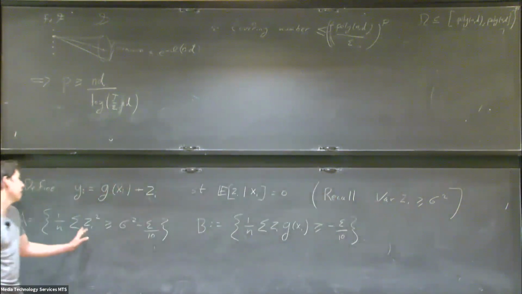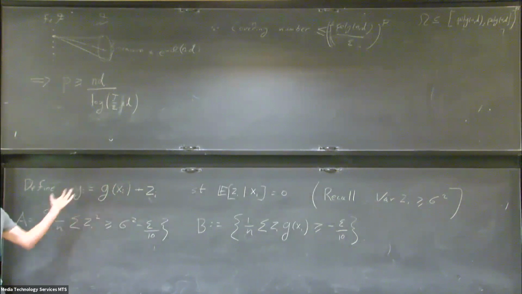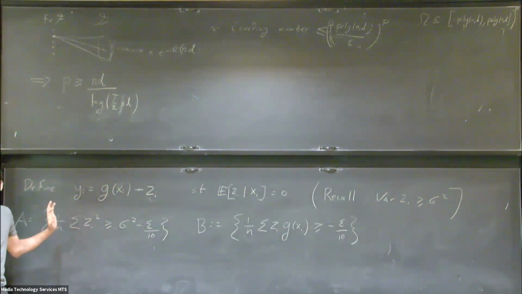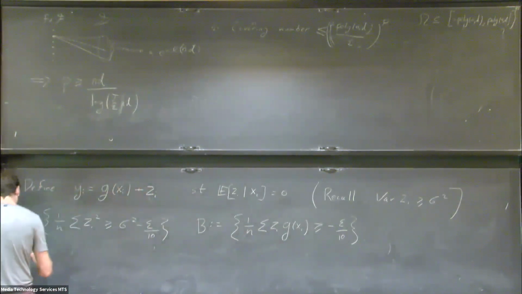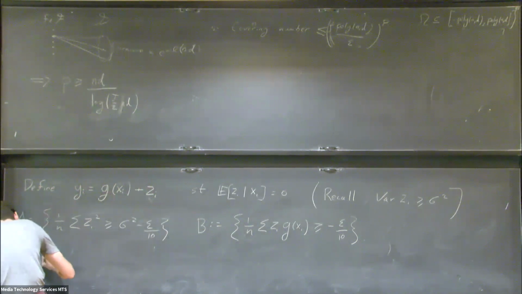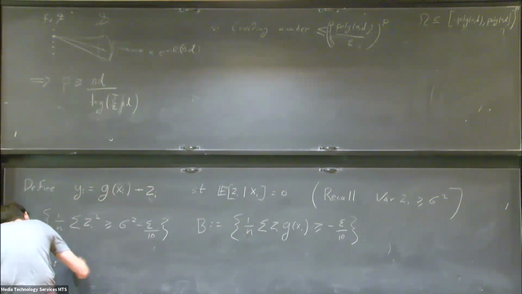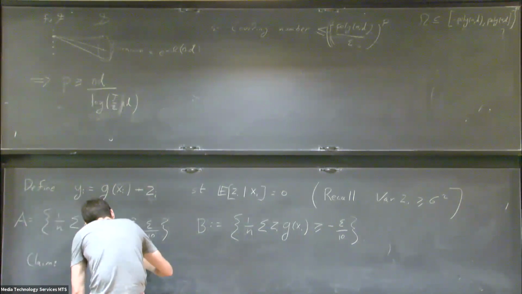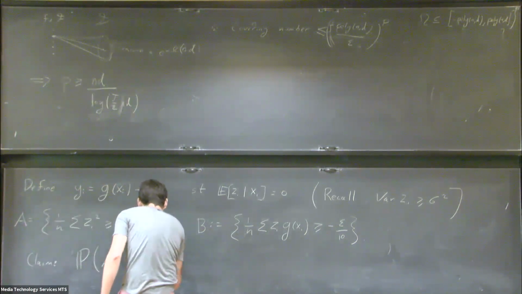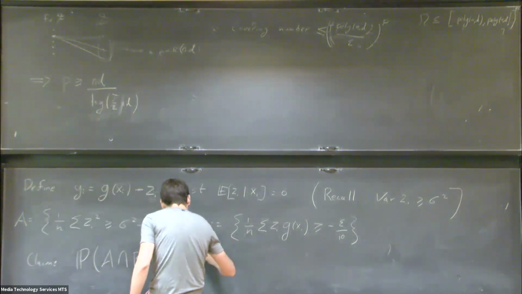Note that these events just depend on the data. They don't depend on the function f. And I claim the probability that both A and B hold is at least 1 minus e to the minus omega of n.